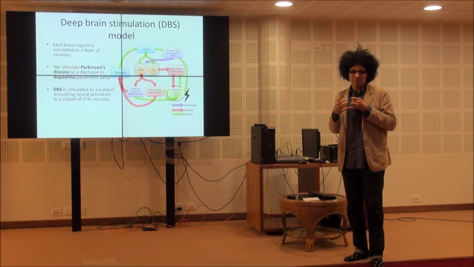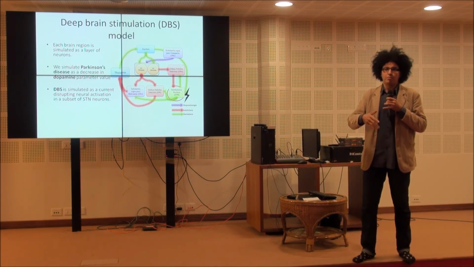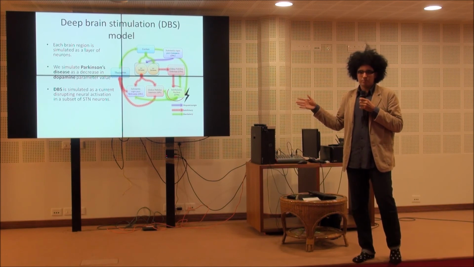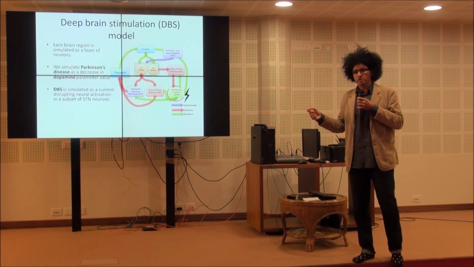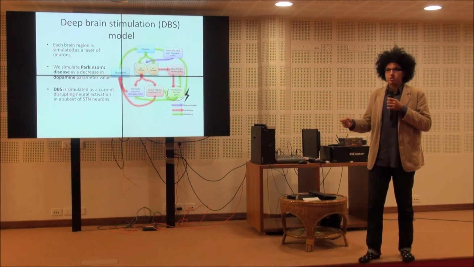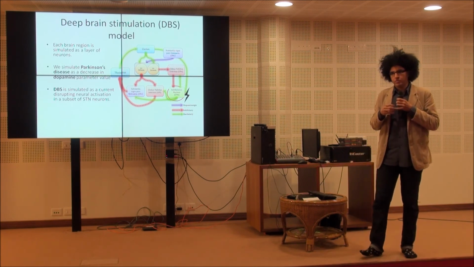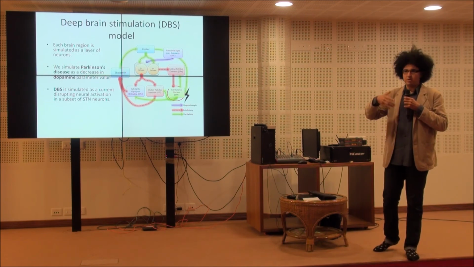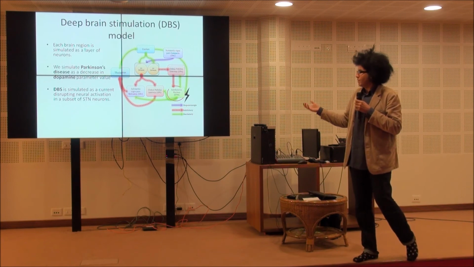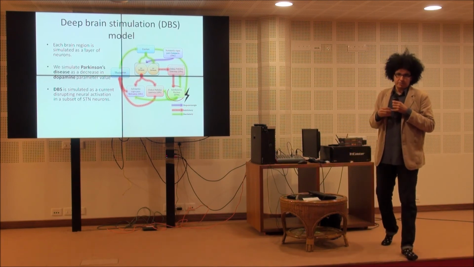A good thing about computational modeling is that it not only replicates existing results, but I can also play with the model and see what parameters I can use to minimize the problem. So I can maximize efficacy, treating tremor and all other problems using modeling, but at the same time also minimize side effects.